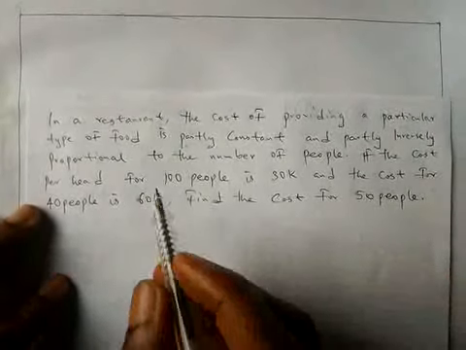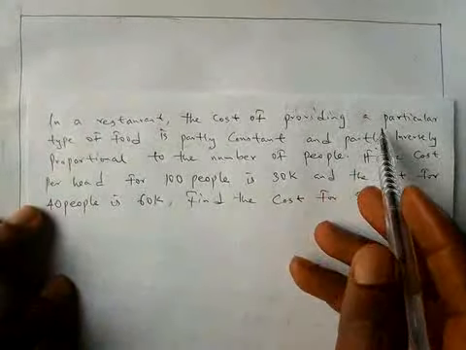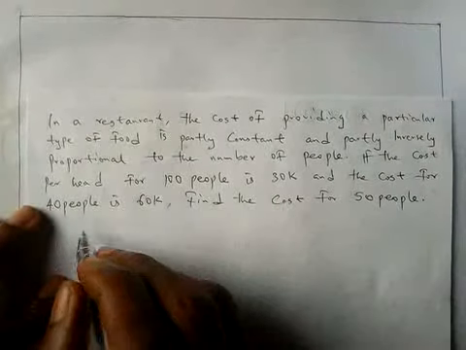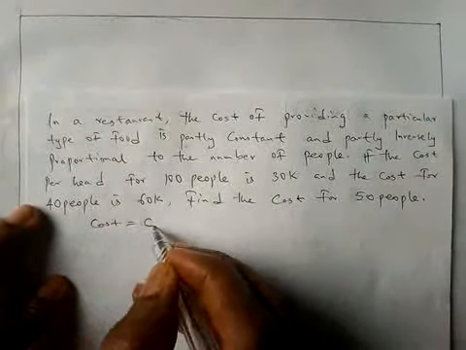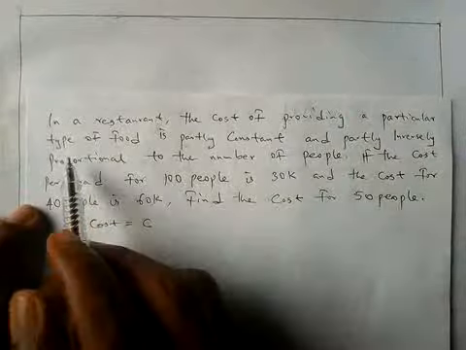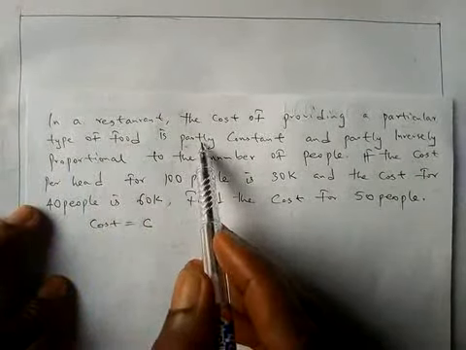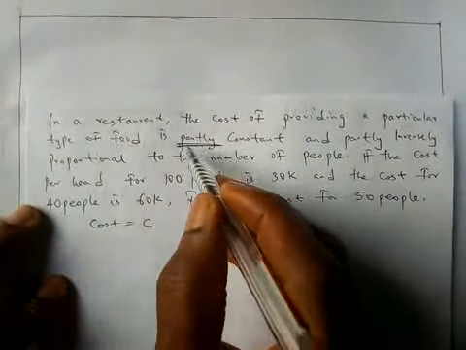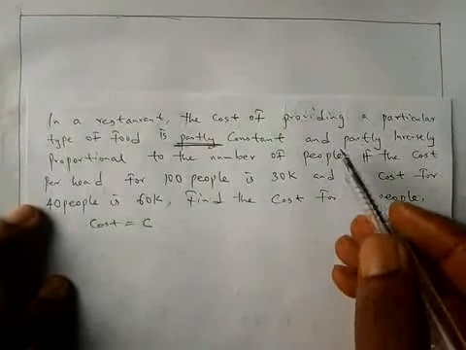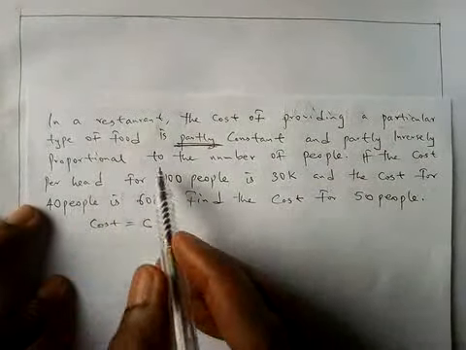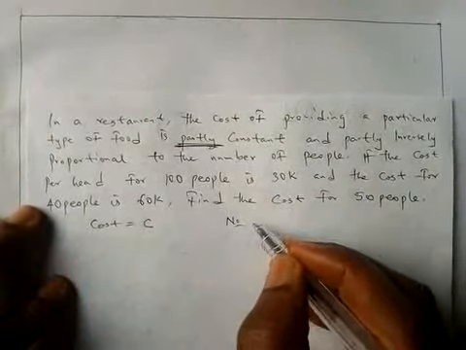Okay, in a restaurant, the cost of providing a particular type of food, let cost be C, is partly constant, partial variation, and partly varies inversely proportional to the number of people.